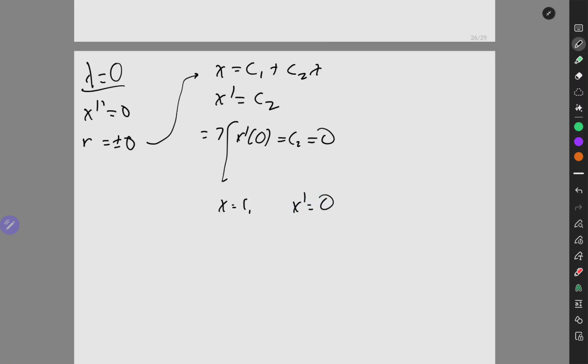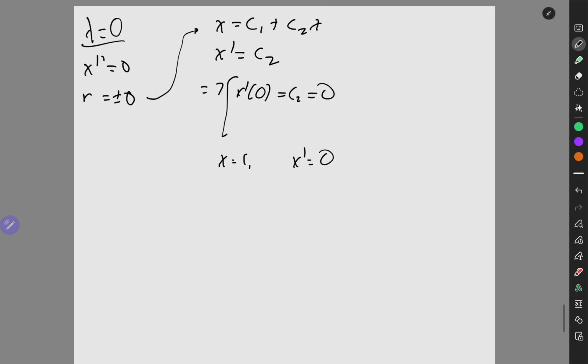So now, what do we do for x prime of L? We can't even use the second boundary condition. No matter what we use with x prime of L, it's not going to give us any information. So we can't solve for C1. So what we do is we're going to say that C1 can be any value.